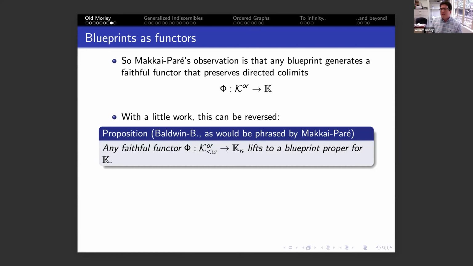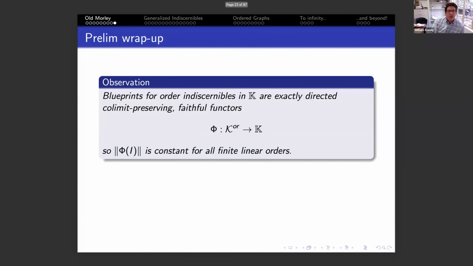But if you put it in this category theoretic language, essentially, if you take a set of indiscernibles in a model that's extendable, you can turn this into a blueprint. And so we have exactly, maybe this is the observation, that blueprints for order indiscernibles in some L infinity omega axiomatized category K are exactly directed colimit preserving faithful functors from K or to K.